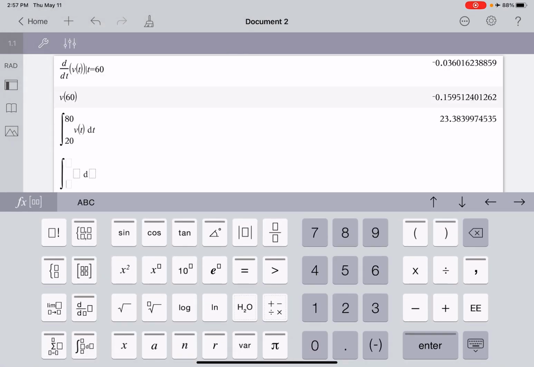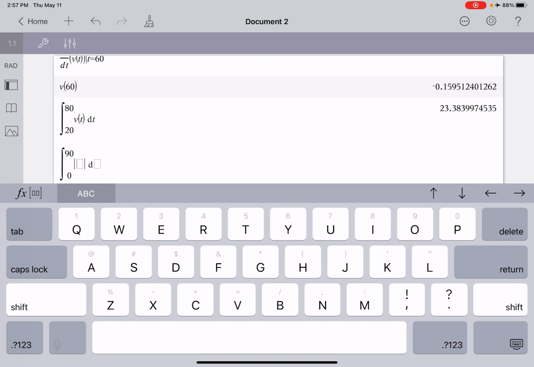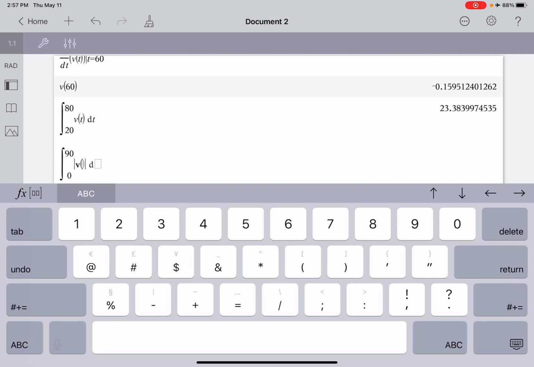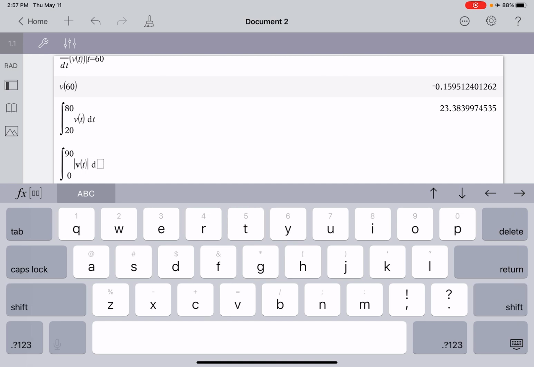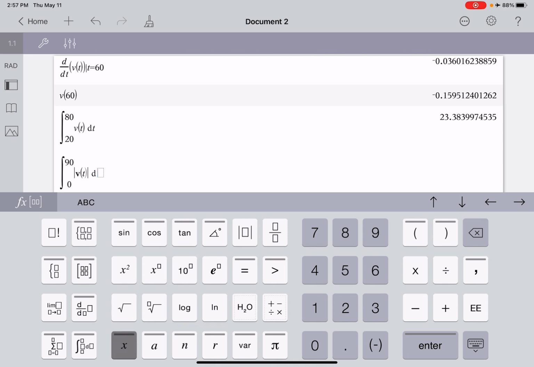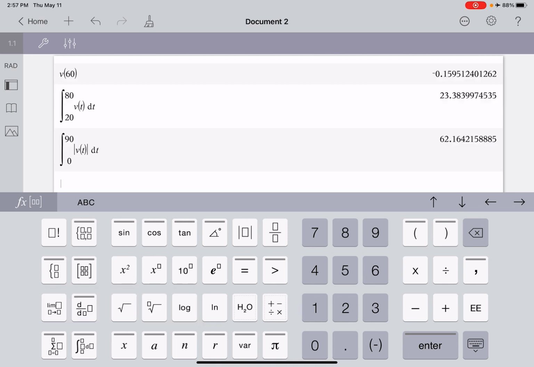An integral now. This interval is from 0 on up to 90. Gotcha. And we need the absolute value of that v of t function. Now remember, you can always just type in ABS. I've got a key for it right here. So there you go. And then we're doing v of t, all of which is taken with respect to t, and this should be our answer here, 62.164.